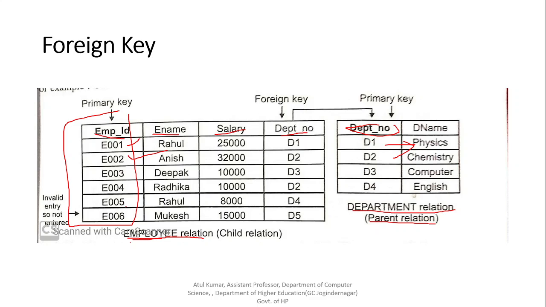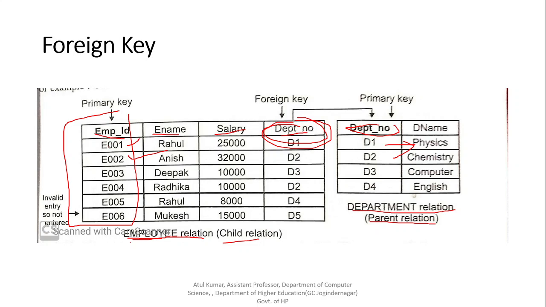Also, we have department number in this relation, and to make a relation between this employee relation and the department relation, this department number acts as a foreign key in the employee relation. The relation that contains the foreign key is also called the child relation.